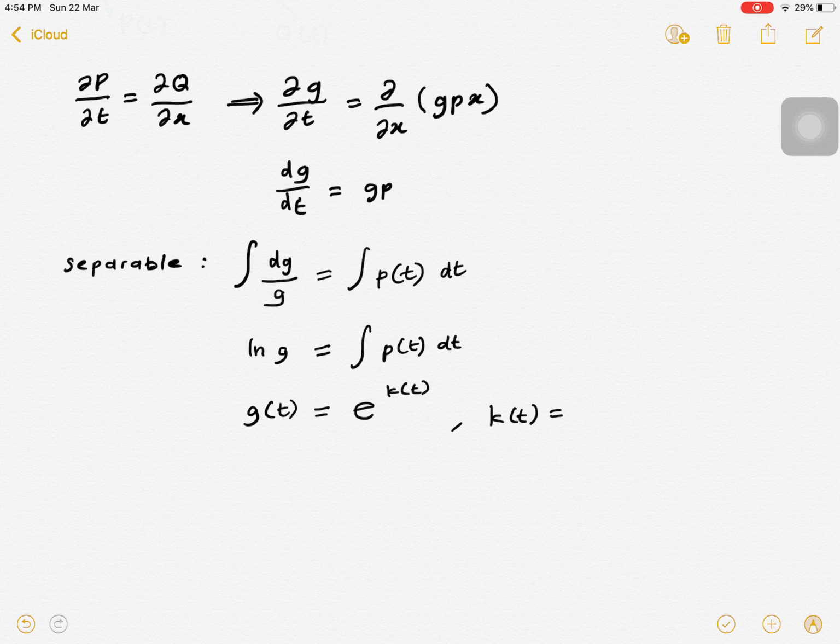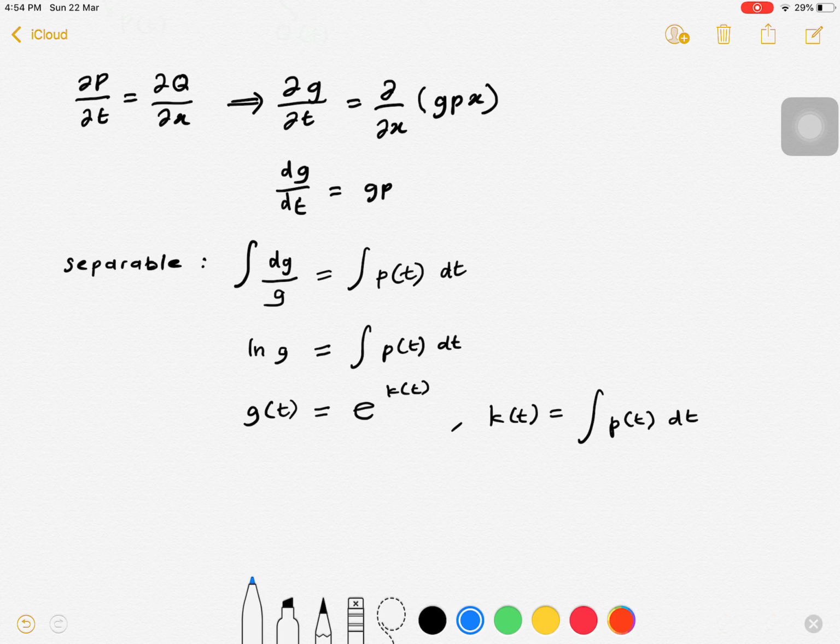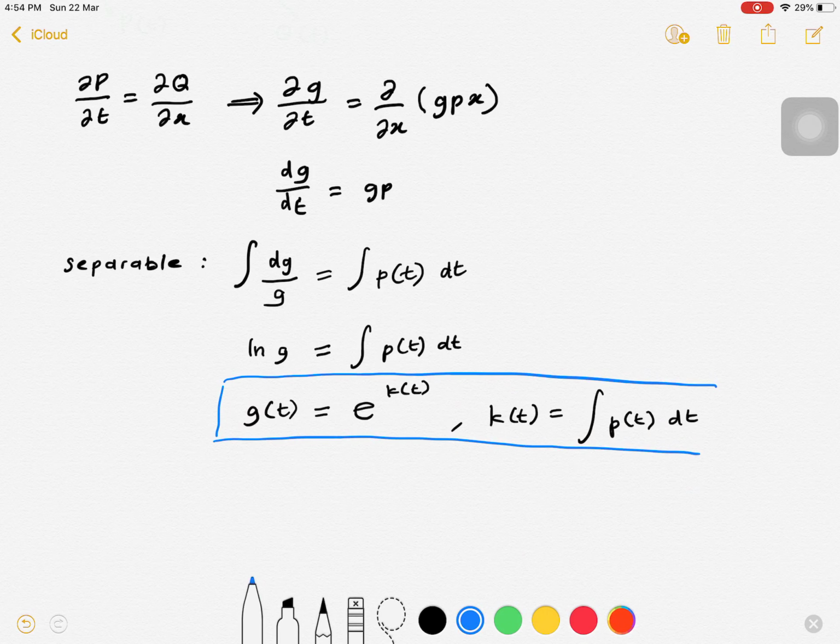K T is equal to this one. Alright. So this is the formula that we can use.